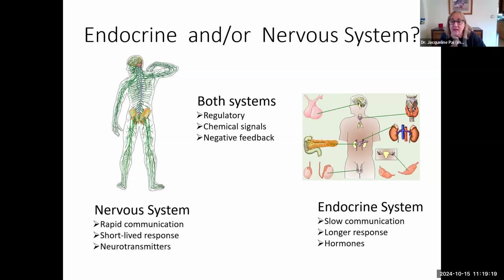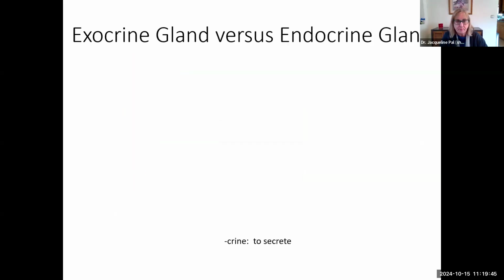In contrast, the endocrine system has a much slower method of communication. And when things take longer to communicate, the responses are going to stick around longer. And we are going to call the chemicals that cause these responses hormones instead of neurotransmitters.